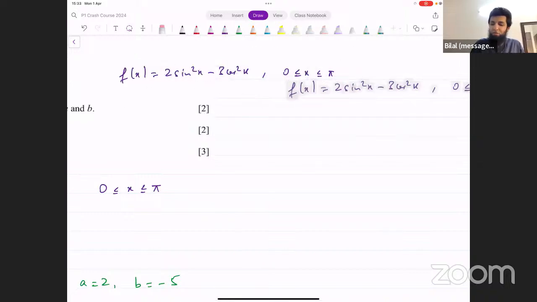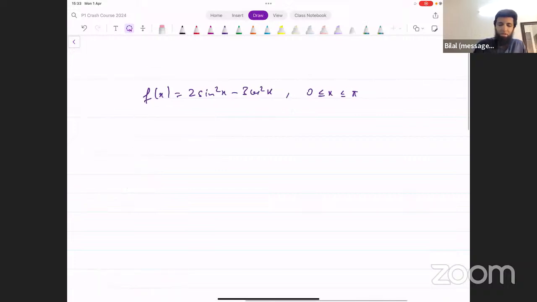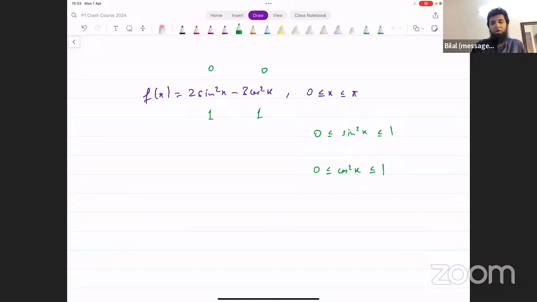Now, since we have sine square x and cos square x, could we say that sine square x is supposed to be between 0 and 1, and cos square x is supposed to be between 0 and 1? So one idea could be to input 0 in both of them, and another idea could be to input 1 in both of them. Will that work? Then once input 0 in both, once input 1 in both, to find the range. What do you think? Could that work?